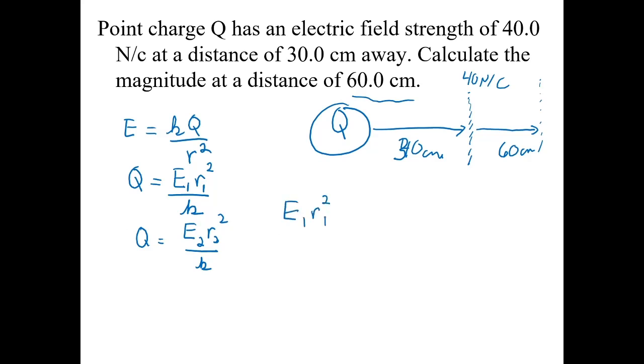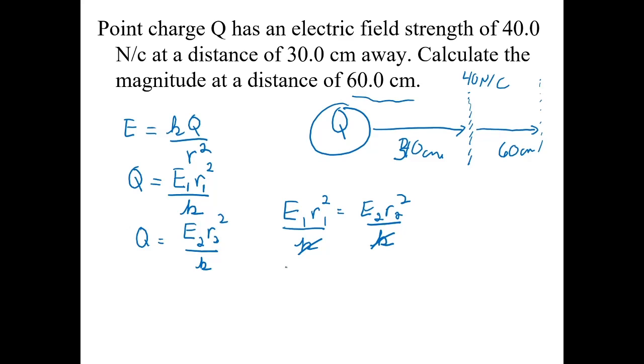E1 R1 squared over k is E2 R2 squared over k. Now watch, the k is going to cancel.